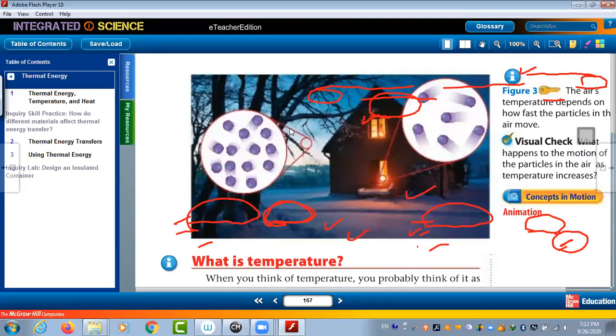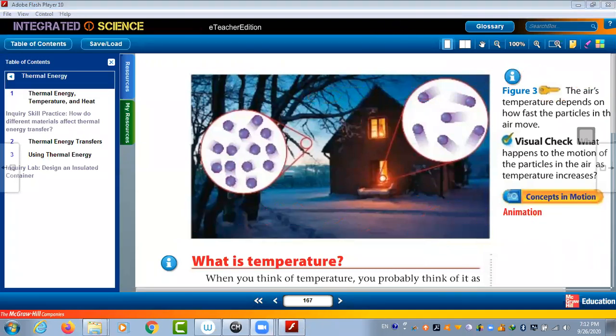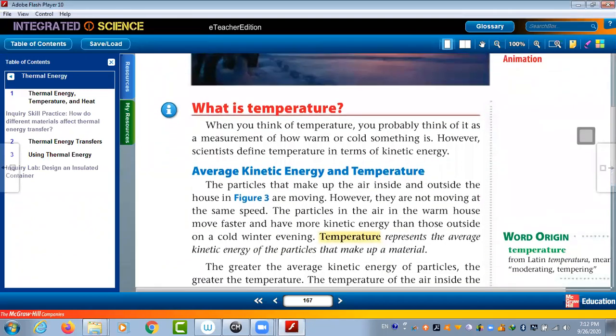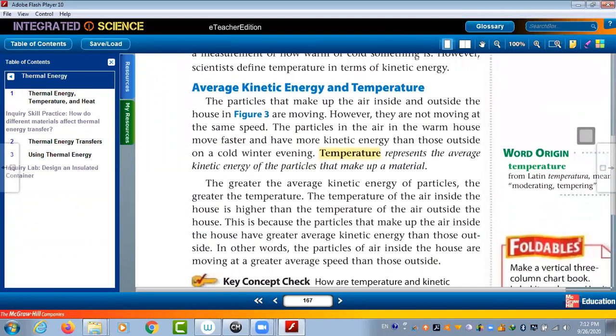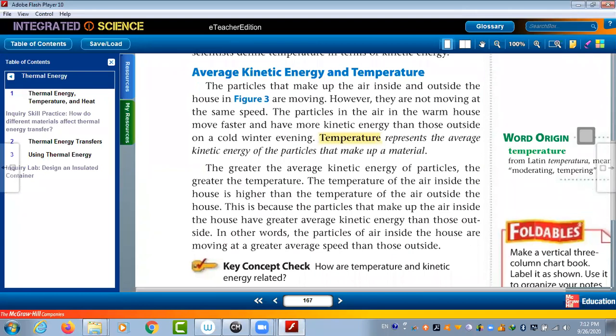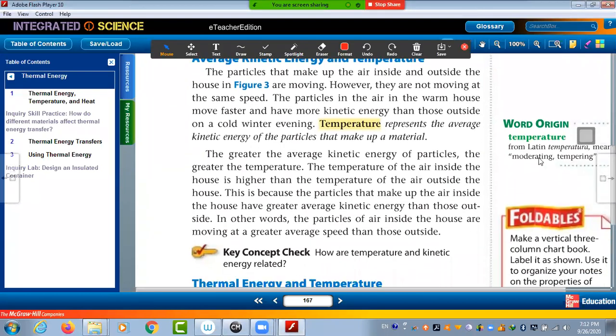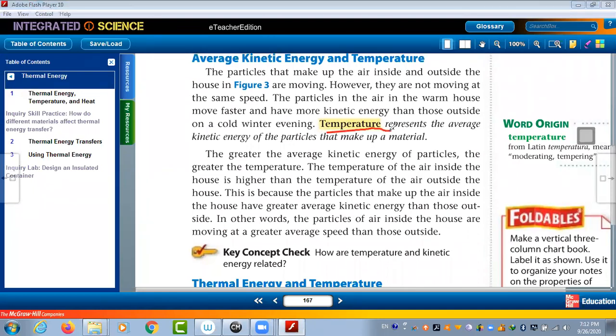Then we talked about what is temperature. Temperature represents the average kinetic energy of the particles that make up a material.